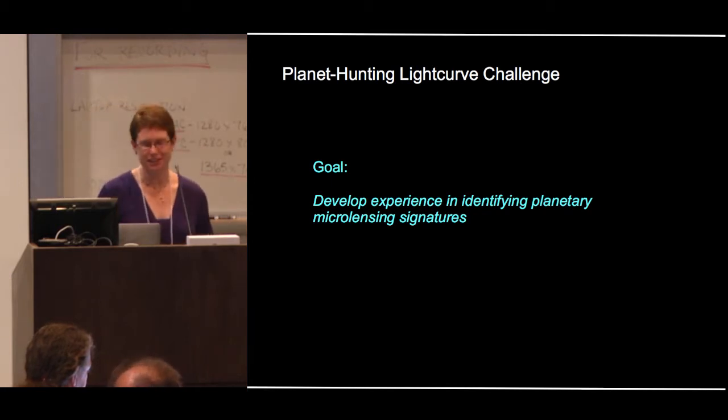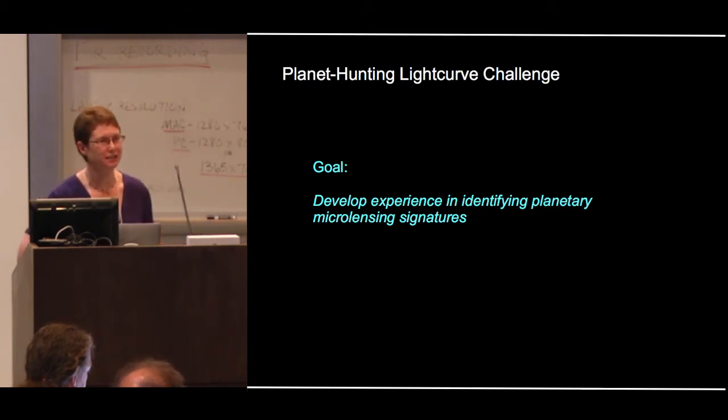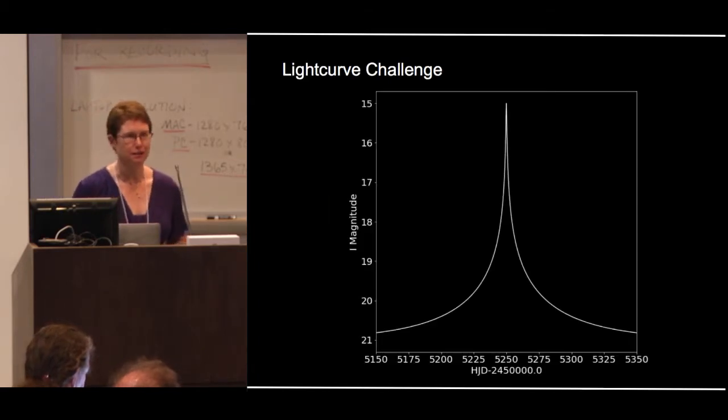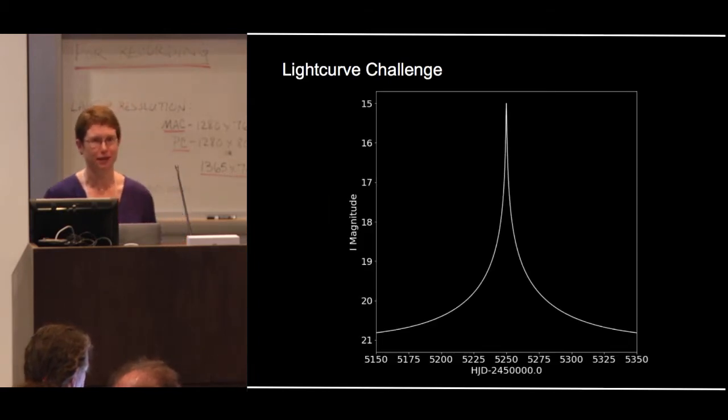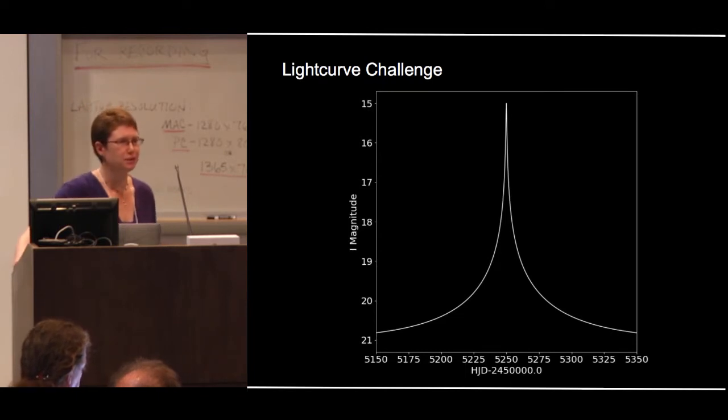Okay, so the challenge is to see if we can identify planetary microlensing signals. So we've got a few example events for you. And the first up, I'd like you to classify this microlensing event. Your options are single lens, stellar binary, or planetary binary.